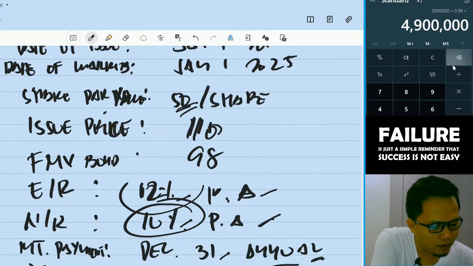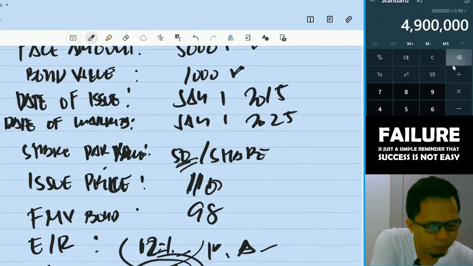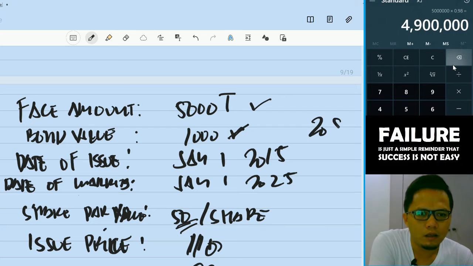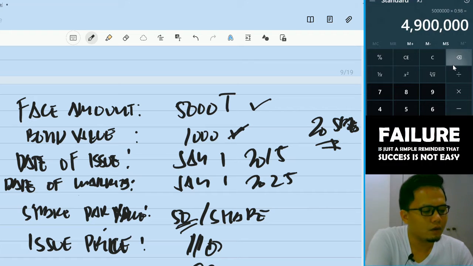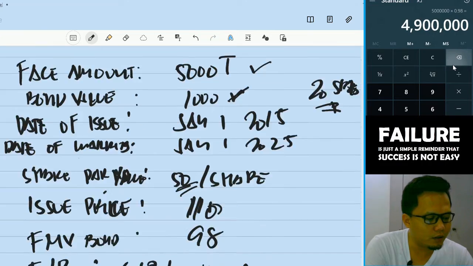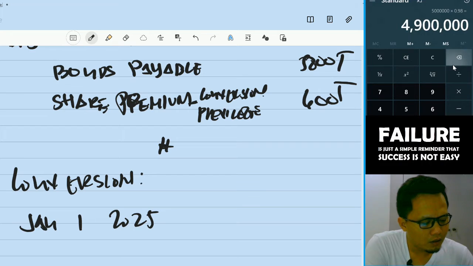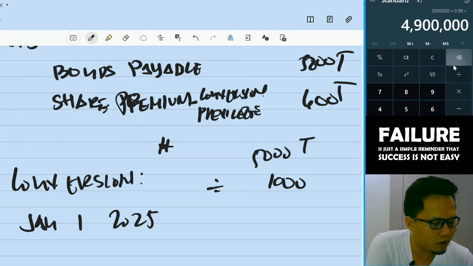In this particular example, wala siyang nakalagay, no? Sige. Let's say each 1,000 bond can be converted into 20 shares. So that means if we have a 5 million face value bond, the equivalent basic unit is 1,000 per bond certificate.